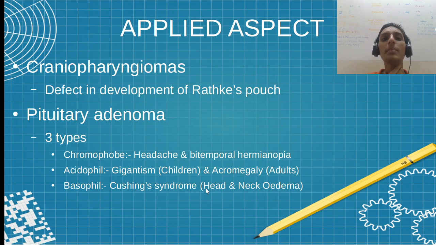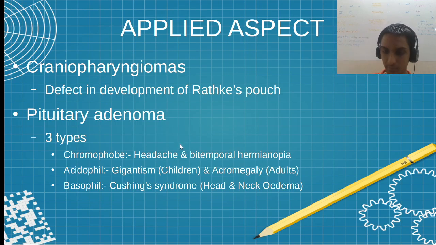So here there will be edema, swelling, Cushing syndrome. And chromophobe leads to bitemporal hemianopia. I explained to you in the AN30.5 competency the effect of pituitary tumors on the visual pathway. We had stressed it there regarding bitemporal hemianopia, but just now we'll recollect. There is a block of the optic chiasma because the pituitary tumor is growing wildly.